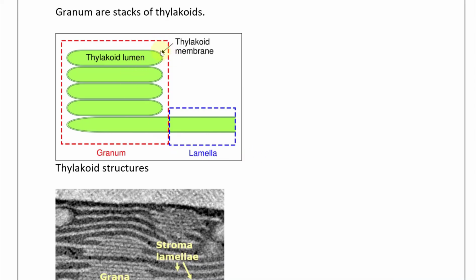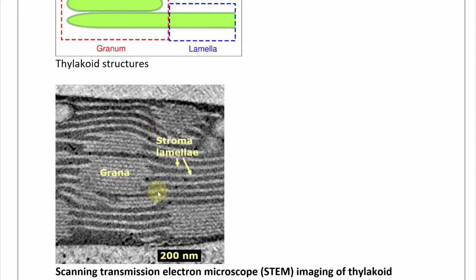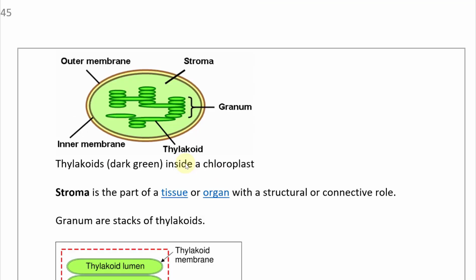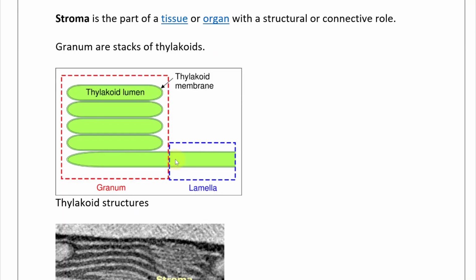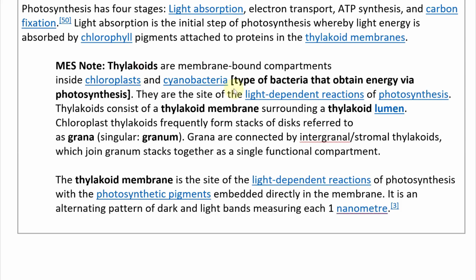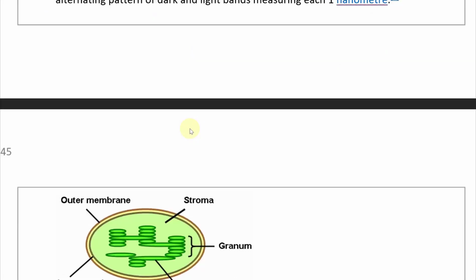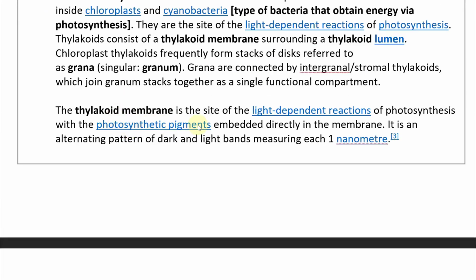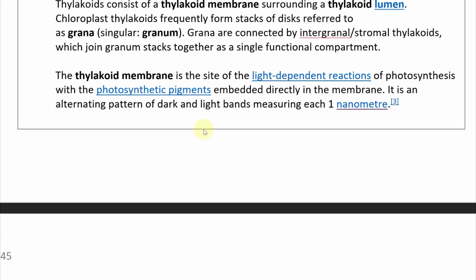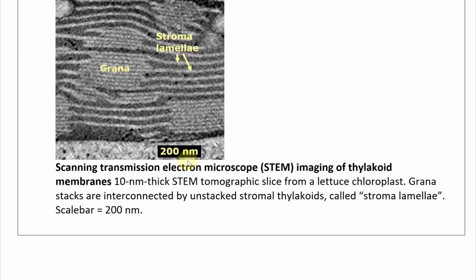So in other words, right on these membranes on the top here, on the outer surfaces of them inside the chloroplast or cyanobacteria. On the membranes there are photosynthetic pigments embedded directly in the membrane.